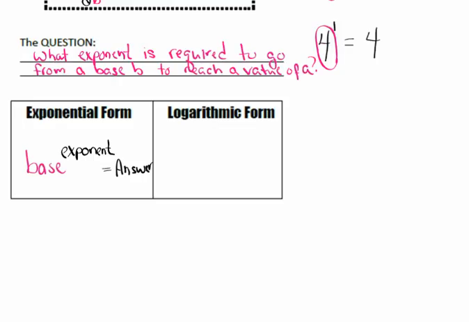So when I write that as a log, remember this. The base is always the base, whether it's in exponential form or it's in logarithmic form. So this is going to be the log of the base, to the answer, that's the argument, is equal to the exponent.